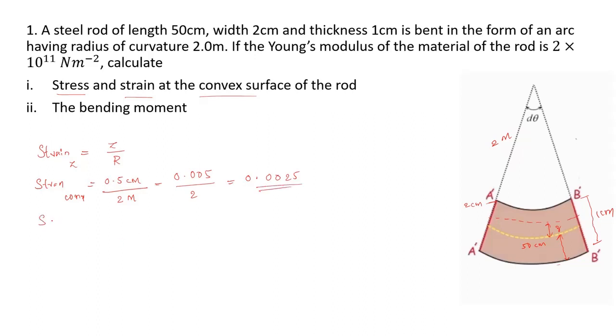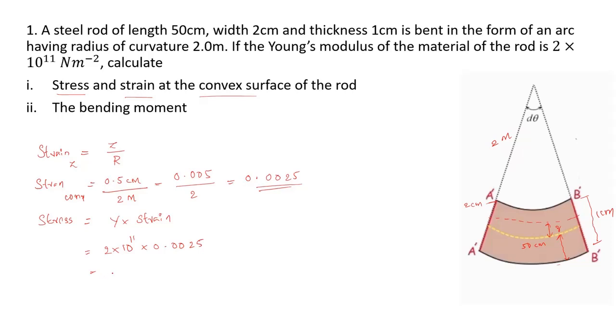Now, we have the strain at the convex surface, so we can find stress is equal to Young's modulus into strain. The Young's modulus is 2 into 10 to the power 11 into the strain 0.0025.